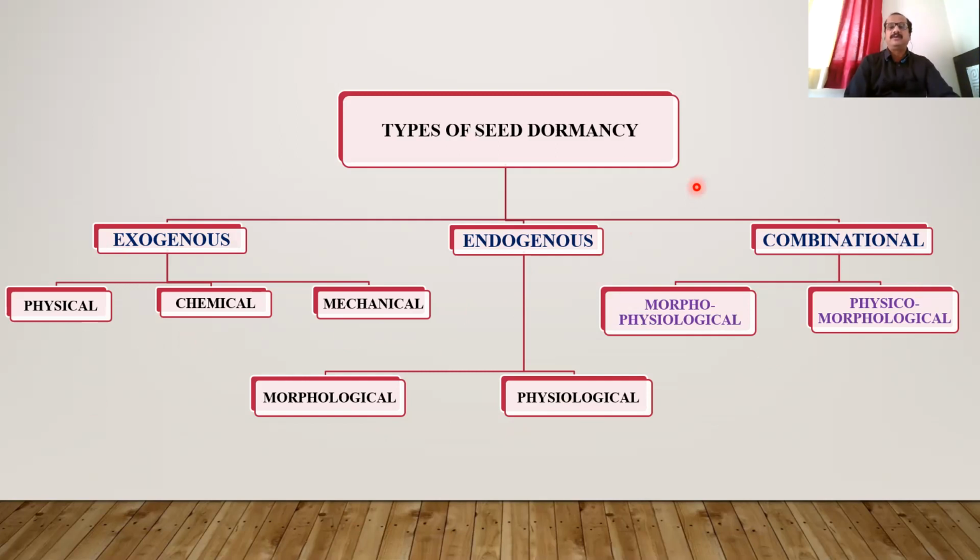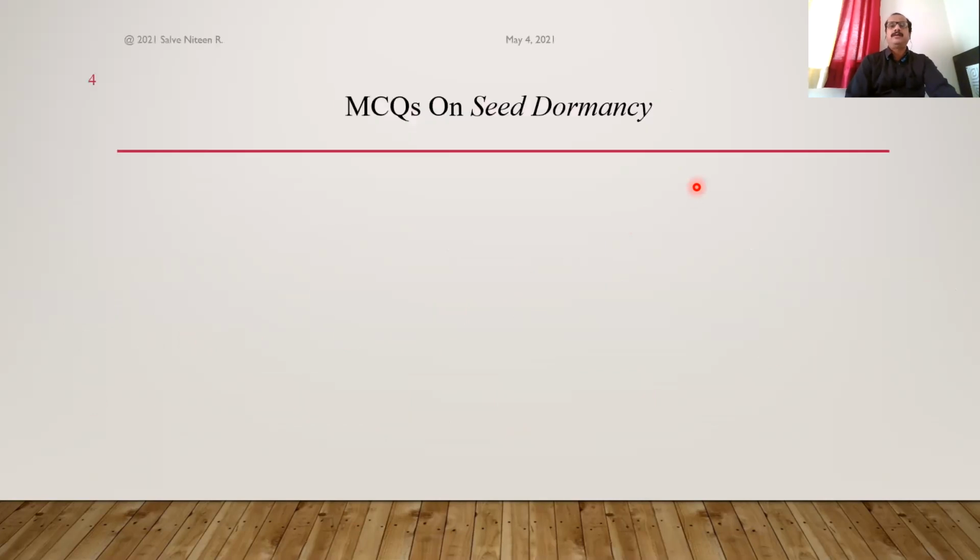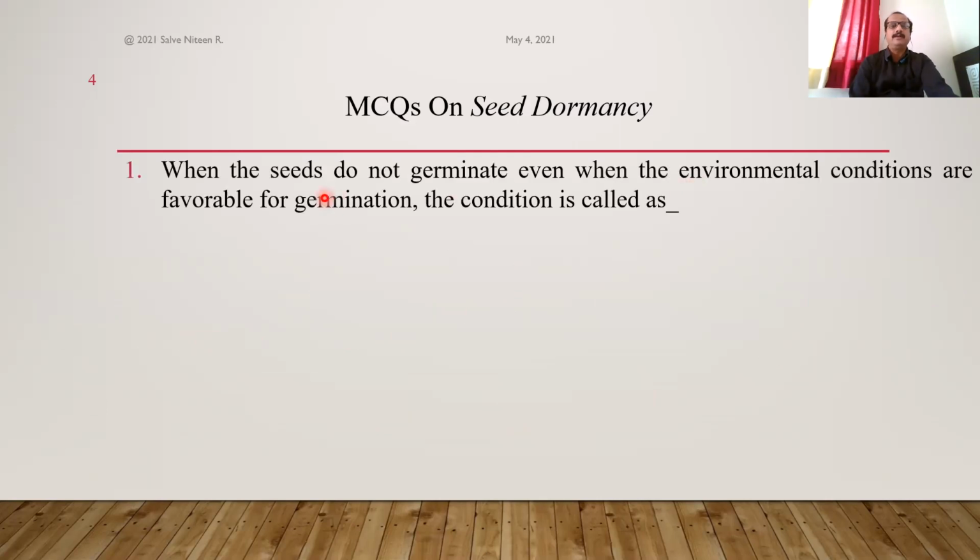Okay, we'll begin our session on these multiple choice questions on seed dormancy. We'll start with the first question. Question number 1: when the seeds do not germinate, that is a very simple definition of seed dormancy. When the seeds do not germinate, it is called seed dormancy. Even if the embryo inside the seed is viable, seeds do not germinate, and that means the seeds are dormant.